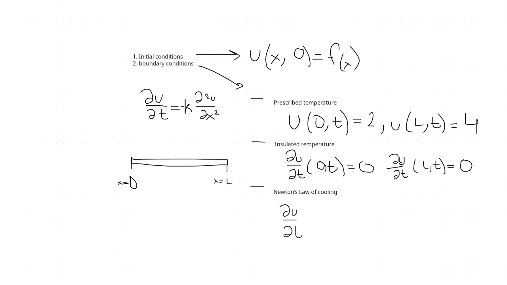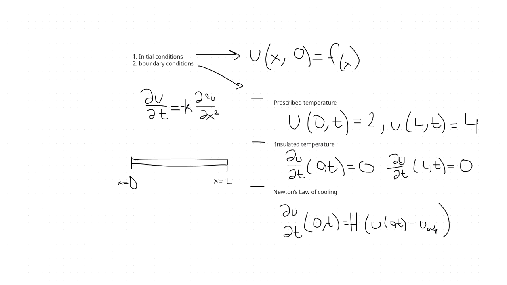Newton's law of cooling says the boundary at, say, 0 comma t should be equal to some constant, call it h, times the difference between the temperature at 0 comma t and the outside temperature, which we'll call u outside. And you can write a similar function for the opposite boundary at L. And so these are the three main boundary conditions that we can think about.